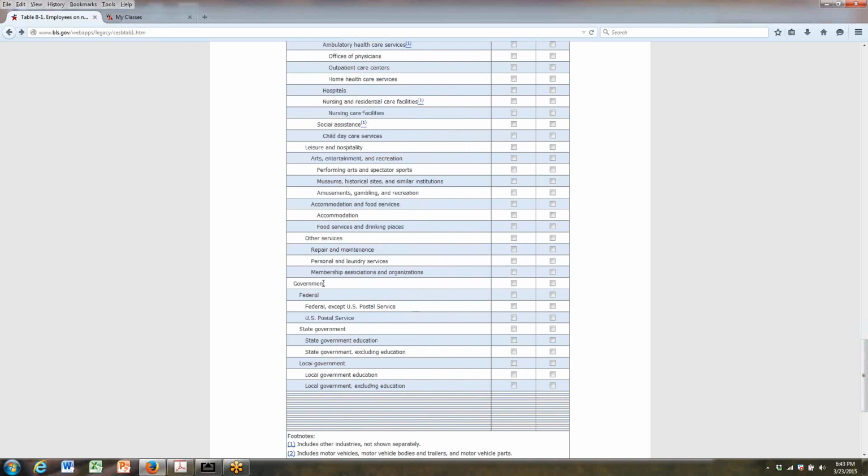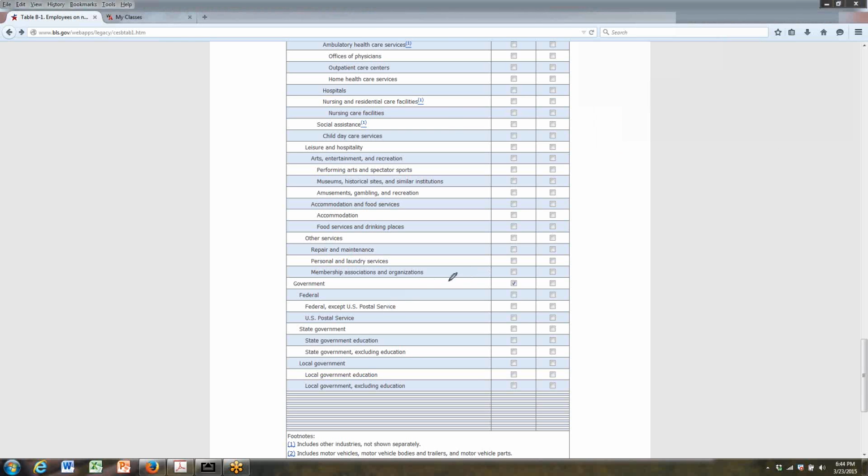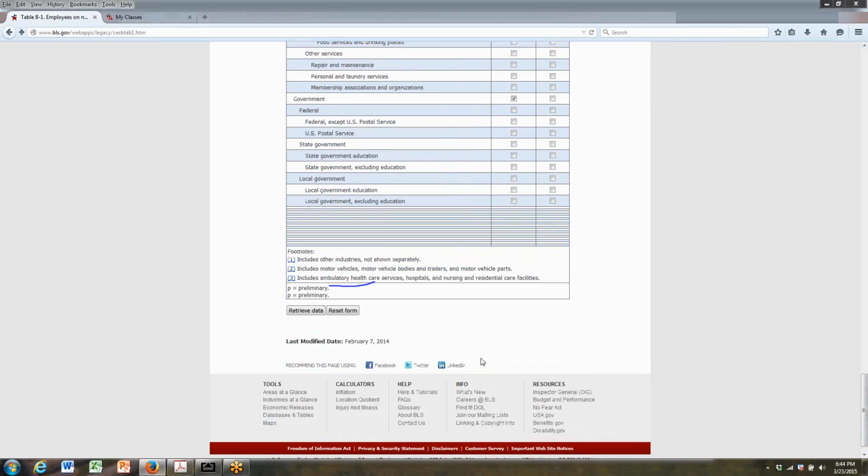Right there, government. So I'm going to go over here, not seasonally adjusted. Again, government. Let me just put my drawing tool up there. Right there. So do the same thing you did before. Go down here and hit retrieve data.